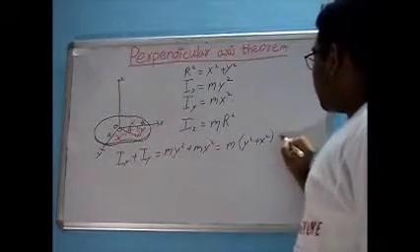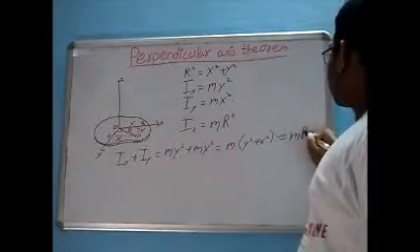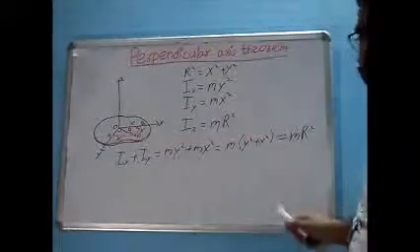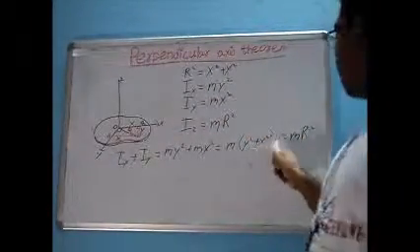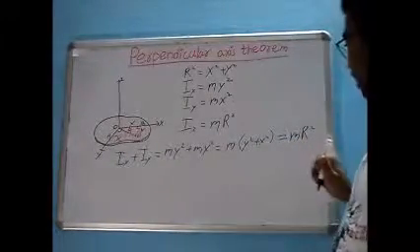Now this would be equal to m r square, as r square is equal to x square plus y square. So we have put the value of x square plus y square as r square.